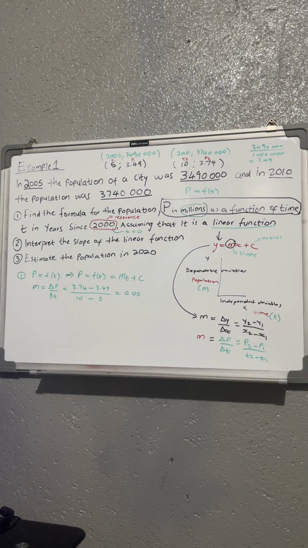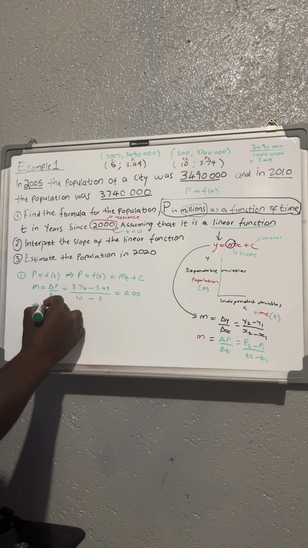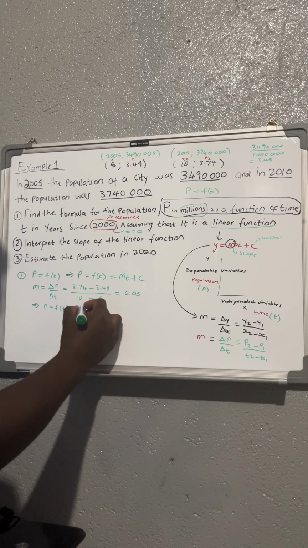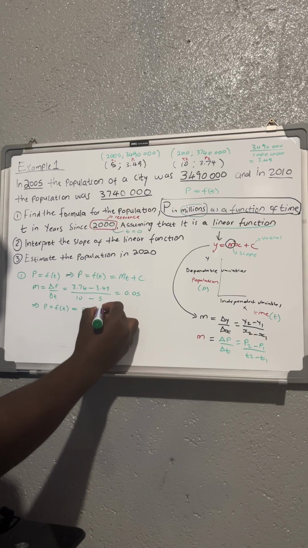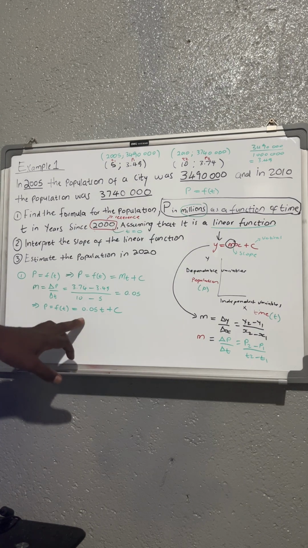So now, they said find the formula. We actually have to find the full formula, not the gradient only. So what do we have now? We have P is a function of time. Then we have this one, 0.05 T plus C. So this is currently the function that we have.